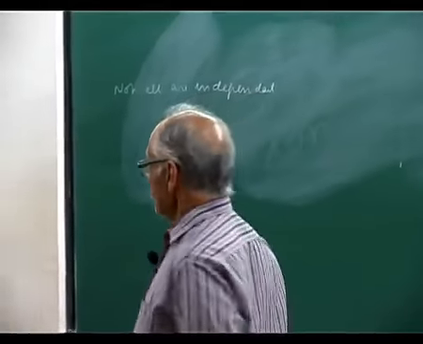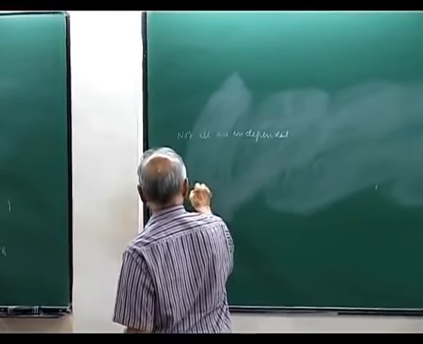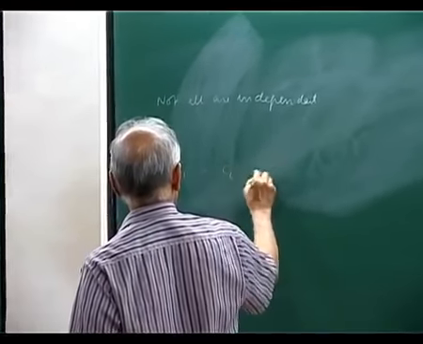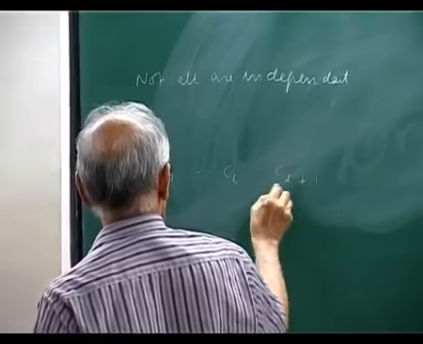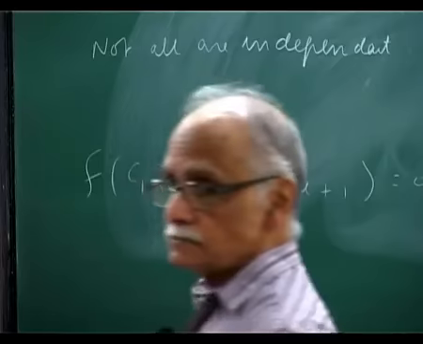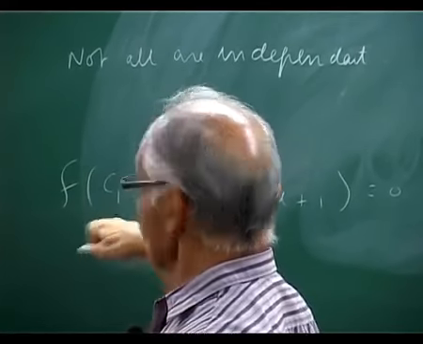Suppose you have C1 up to CL and all the higher ones, and there is some function of these which identically vanishes in all representations.